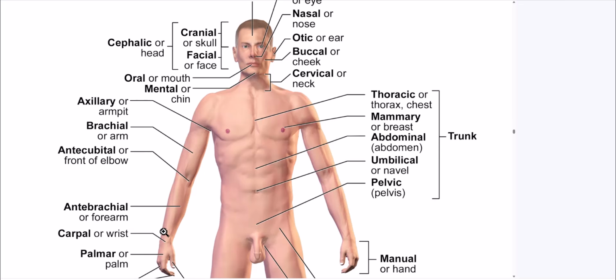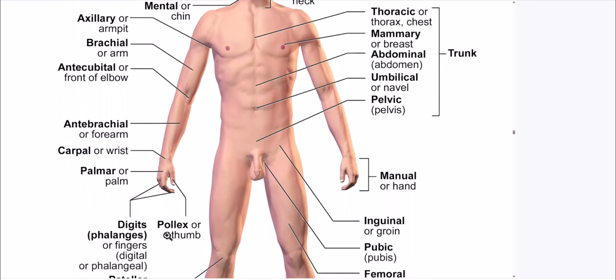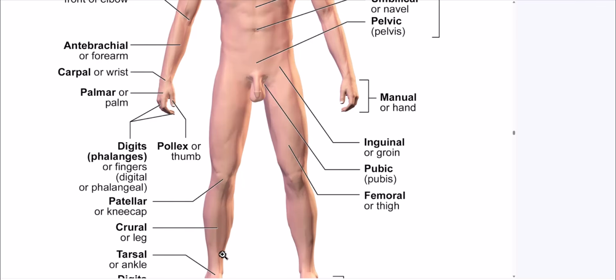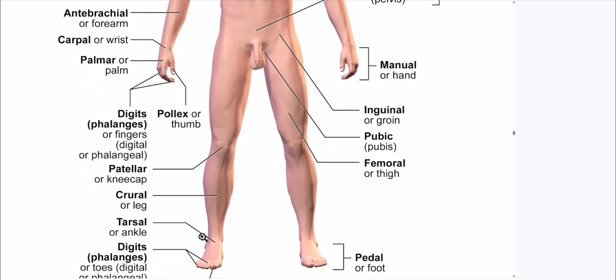The upper arm is the brachial region. The antebrachial region is the forearm. Your wrist area is the carpal region. We'll refer to the patellar region for your knee, the crural region for the front of your lower leg, the tarsal region for your ankles, the femoral region for your thigh.